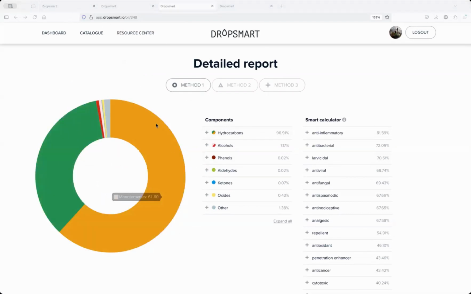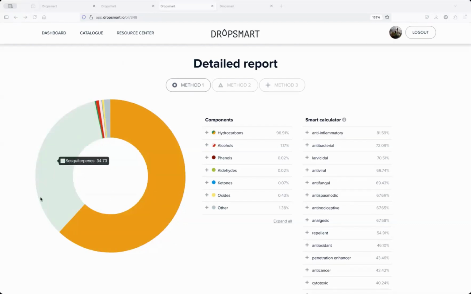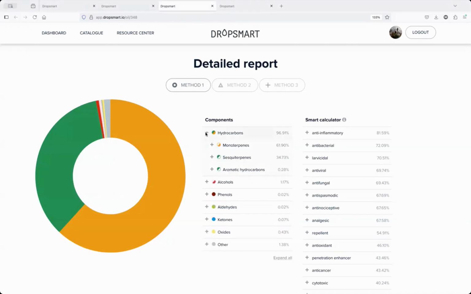As you see, it has a lot of monoterpenes as well, but it has this chunk of sesquiterpenes. So we're getting familiar with the colors as well. I needed to create colors to be able to put the data somehow in my brain because I'm a visual person. Whenever you see a lot of orange, they're monoterpenes, but when you see green, it is everything else.